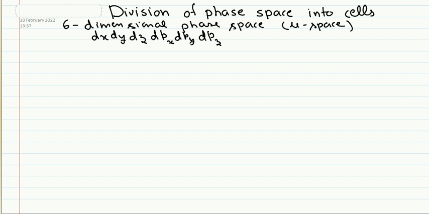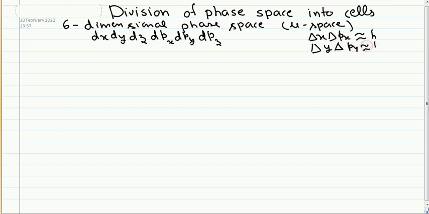Now we have the Heisenberg uncertainty principle, which states that delta x into delta px should be of the order of h, and similarly delta y into delta py should be of the order of h, delta z into delta pz is of the order of h.